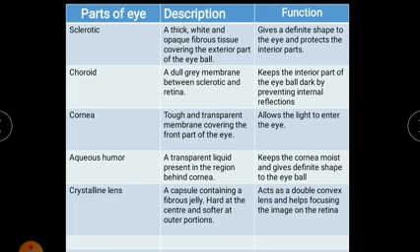Now, whatever I've told, this part is very important. Different parts of the human eye are mentioned over here, with all the written contents given. You can take a screenshot of it and proceed. It is important from your board exam perspective. Descriptions and functions of the sclera, choroid, cornea, aqueous chamber, crystalline lens, ciliary muscles, vitreous chamber, optic nerve, retina, yellow spot or macula, rods and cones are all written here, which I've covered in previous slides.